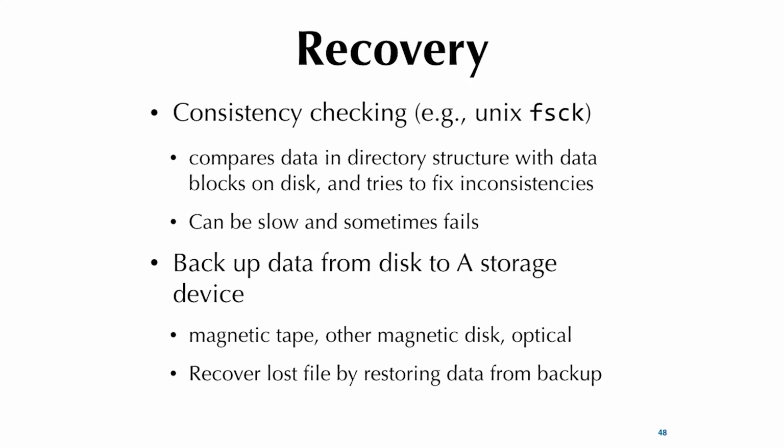And if it detects anything that's inconsistent, then it attempts to repair it. That's why sometimes if you have a crash or force the OS to shut down without letting it shut down properly, it's actually running FSCK, so it may take a while next time you boot up.